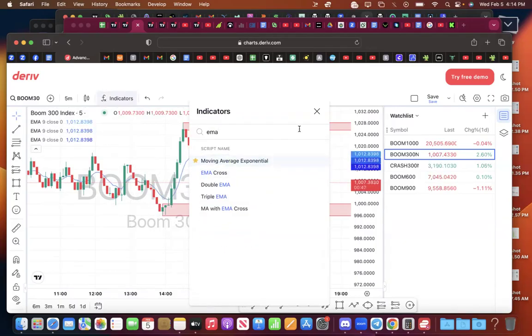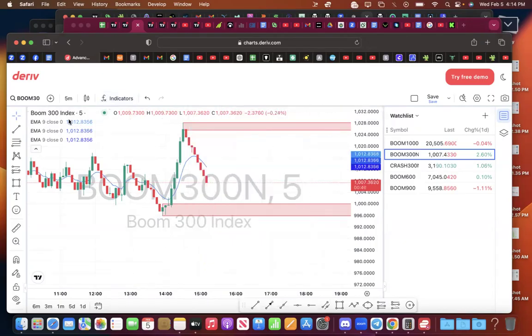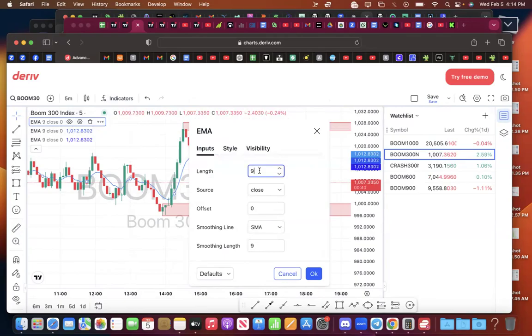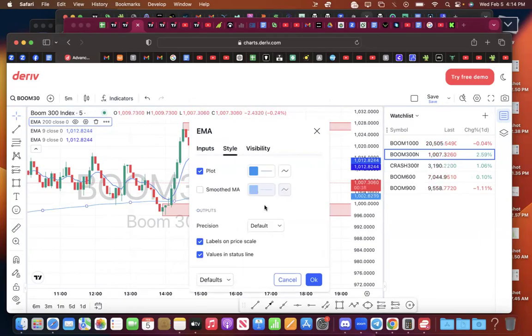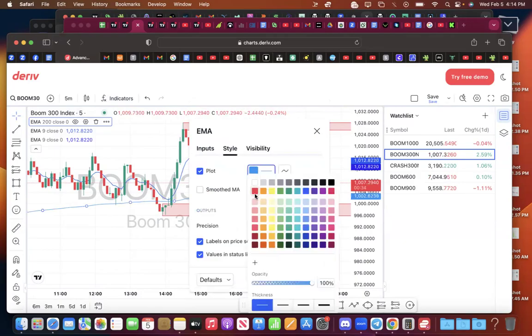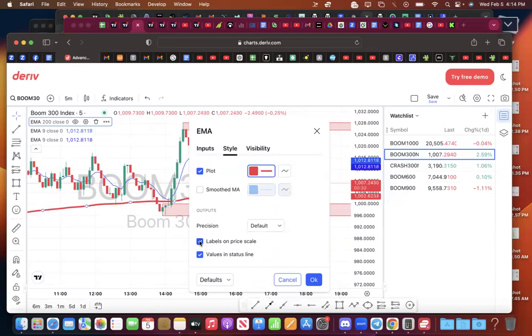So let's use 3 EMAs. This is algorithmic strategy. So this is 200. I'm just doing this one very fresh so that you can get it. 200 EMA, take off the label.